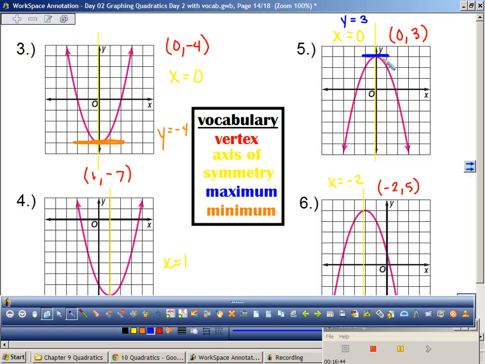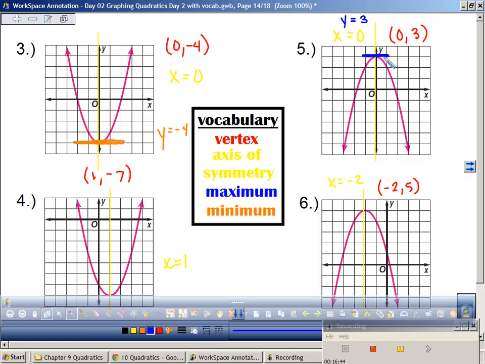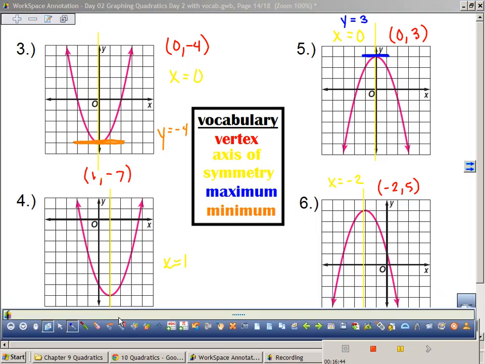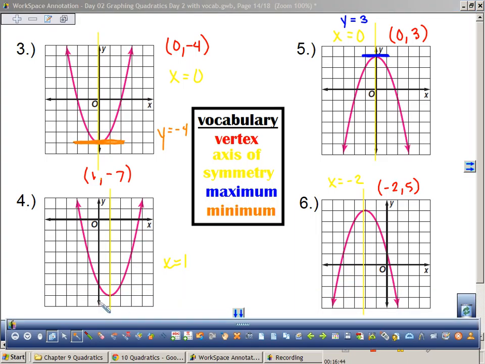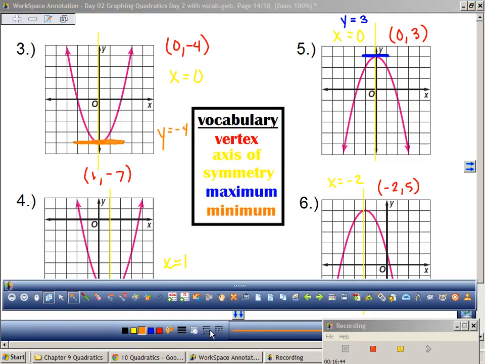That's the max. It's kind of confusing because it's going in the negative direction, but it has a maximum. So some students get tripped up on this. But just think, it can't go any higher. If it's going in the negative direction, it can't go any higher. What about this one? Can't go any lower. And this one? Can't go any higher. Maximum.